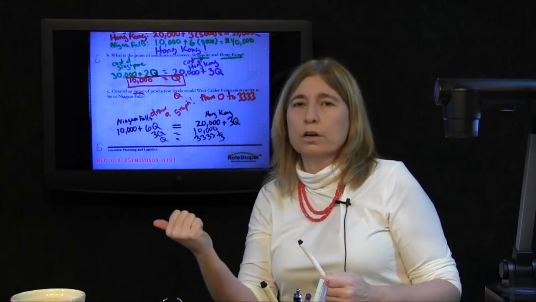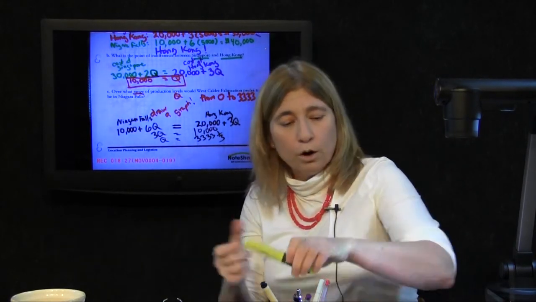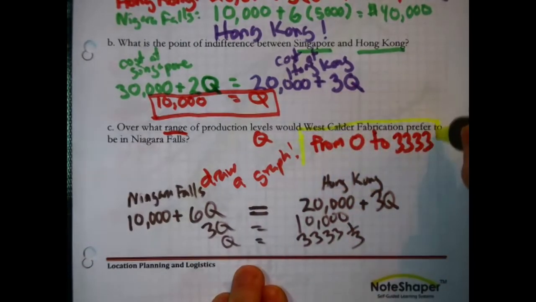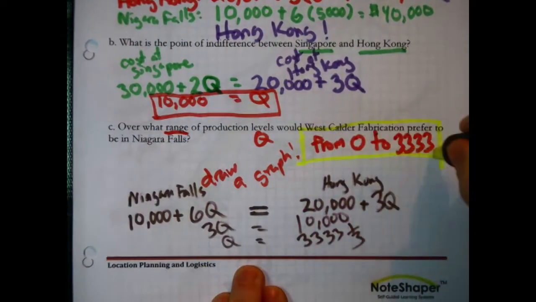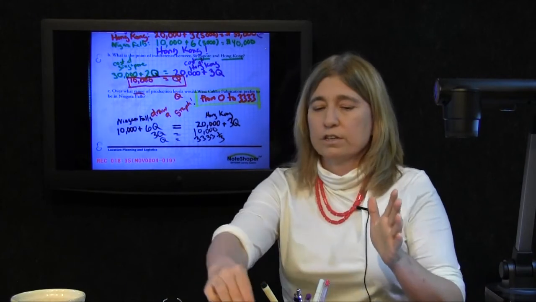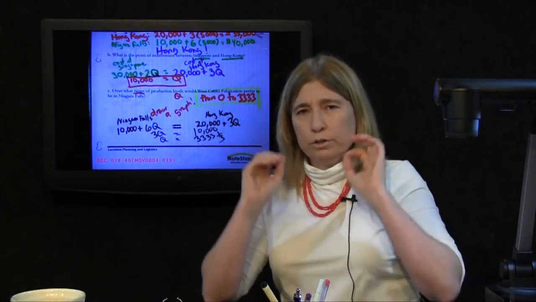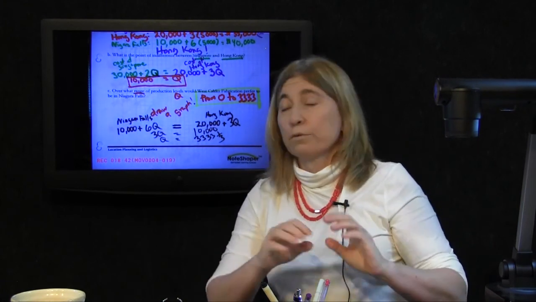It's the other side of the point of indifference. So this is the definitive range. If production has to be in whole numbers, that right there is the definitive range from 0 to 3,333 units annually, over which, for a fact, yes, you would want to be in Niagara Falls.